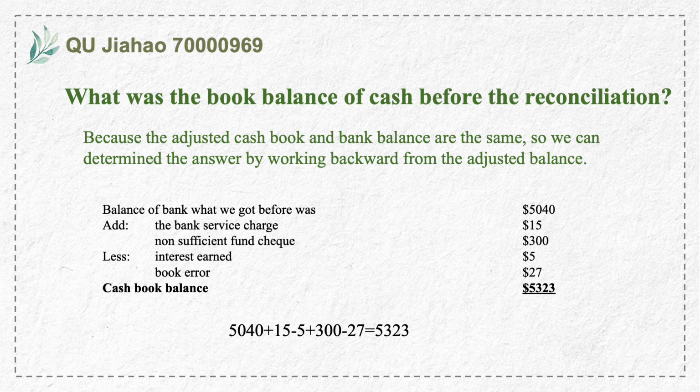For question 2, what was the book balance of cash before the reconciliation? Because the adjusted cash book and the bank balance are the same, we can determine the answer by working backward from the adjusted balance. So we calculate the cash book balance: we add amounts not yet credited, we add the bank service charge and NSF check, and minus checks not yet presented.